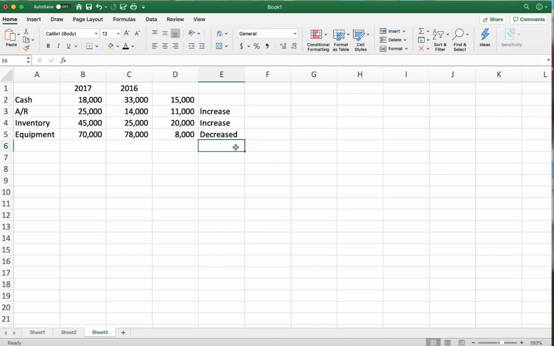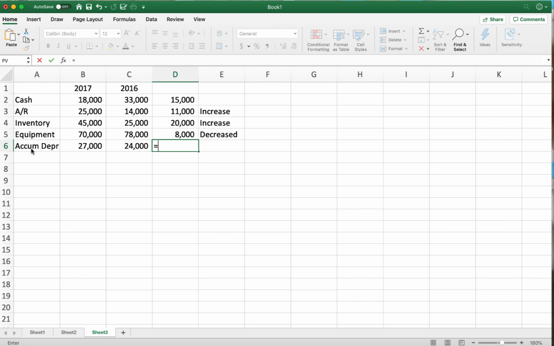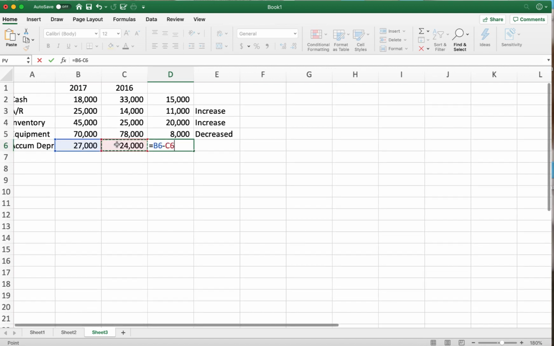No, it does not. Right? Because we know that when we get it off the books, we need to factor in what was the cost, how much did we get for it, was there a gain or loss on disposal. So what I'm doing is just kind of putting in the accounts. 27,000 and 24,000. So what happened to accumulated depreciation? Well, it increased, which we would expect accumulated depreciation to increase.